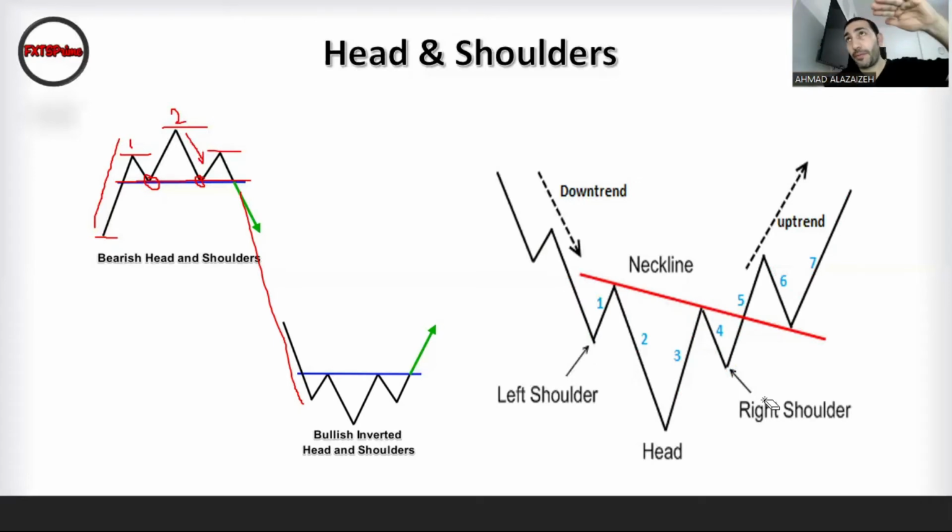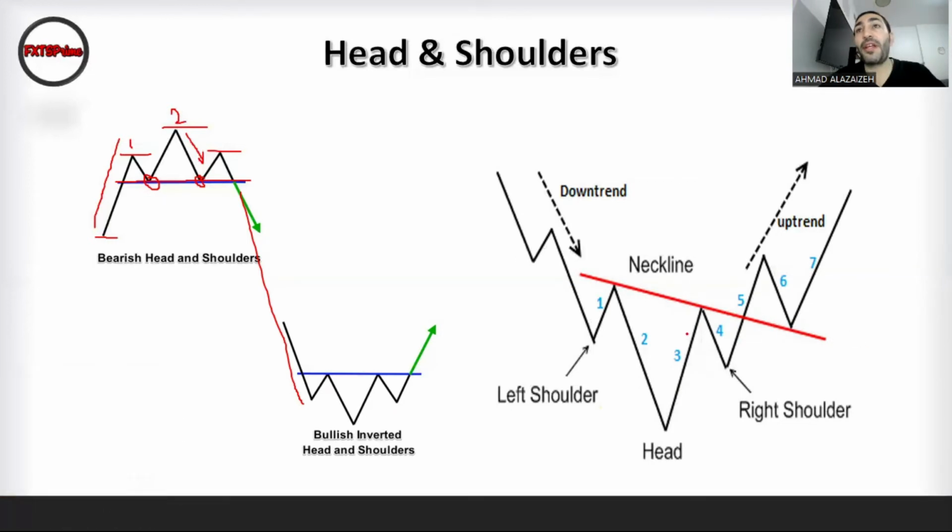If it's from the bottom, you need to make sure price moved down too much. Second thing, you need to know the shape of the head and shoulders. We call it head and shoulders because it has a left shoulder and right shoulder, and the head is lower than both. And we have the neckline here.